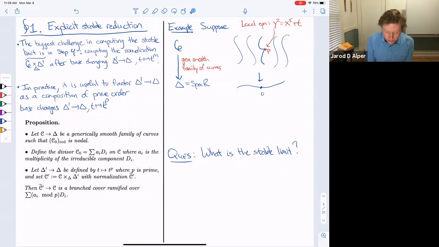And so we're assuming we have a generically smooth family of curves, such that the reduced central fiber is nodal. And then we define the divisor. As a divisor, the central fiber breaks into irreducible components, and we record their multiplicities.